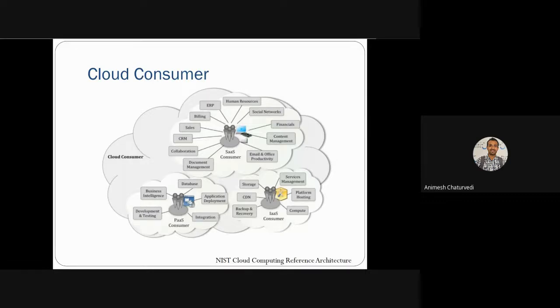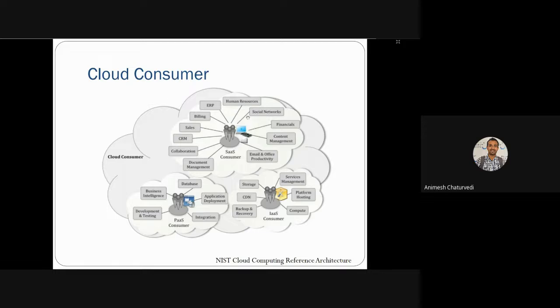There are various ERP models, remedies, various billing services, human resource management. These are SaaS consumers: CRM, sales, finance, social networking, various kinds of collaboration, document management like Google Docs, email services. These are the consumers of software as a service.